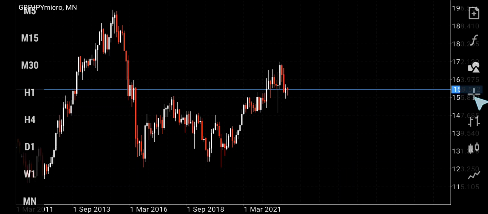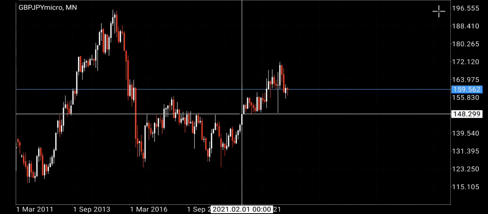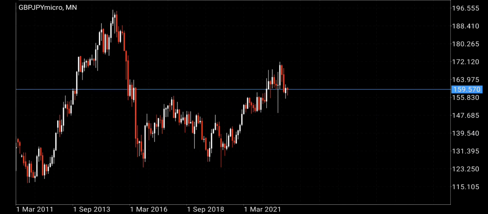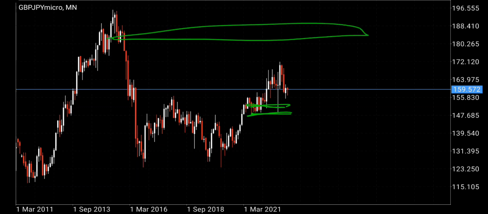In terms of support, it's going to be very difficult for us to find one. Let's check if this went lower than, okay, it didn't go lower than 8, which means our closest support will be this one here. There is your support on monthly, and there is your resistance. Because the trend is bullish, you can look for buy trades from this and hope that the price will crawl like that until it gets to the resistance.